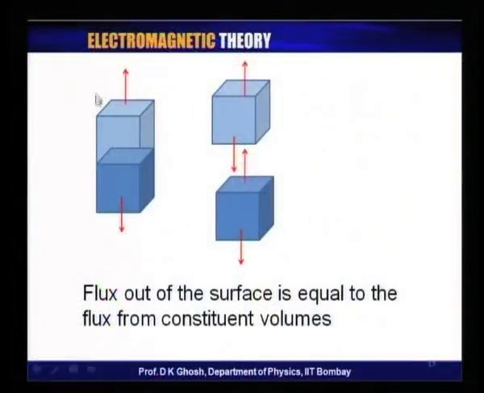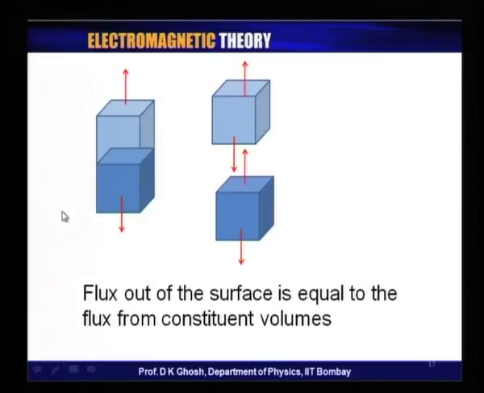Supposing I have a volume of this type. This is a rectangular parallelepiped, and at this moment I am concentrating only on 2 surfaces, though it has 6 surfaces. I have an upper surface whose outward normal is in this direction, and a lower surface, the bottom surface, whose outward normal is directed like this.